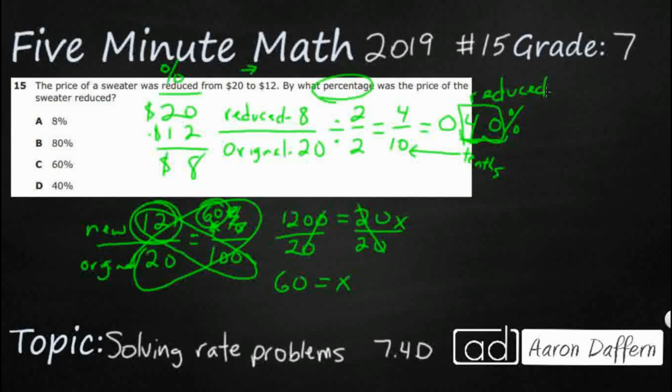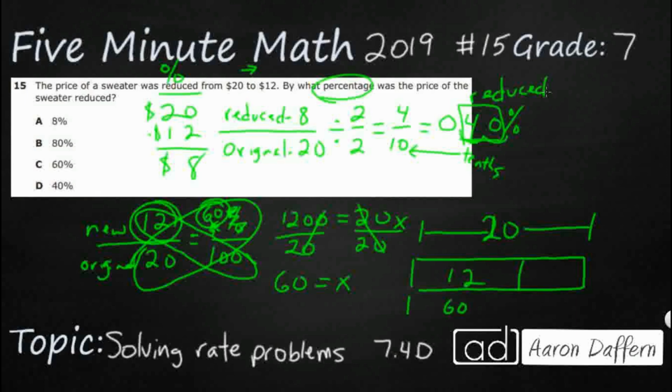So the new price, if I were to view it as a strip diagram, here's my, let's call this my 20 right here. My new price here is $12, which is 60%.